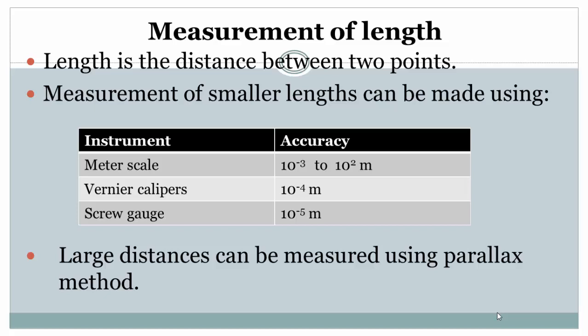Meter scale has an accuracy of 10 raised to minus 3 to 10 raised to 2 meter. Vernier calipers has an accuracy of 10 raised to minus 4 meter and screw gauge has an accuracy of 10 raised to minus 5 meter. The larger distances can be measured using the parallax method.